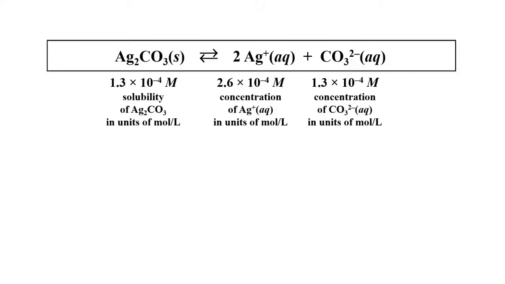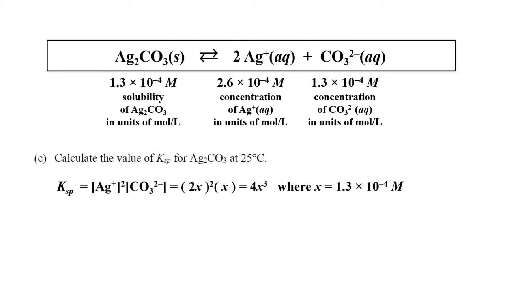And now that we know that the concentration of silver is 2.6 times 10 to the -4 moles per liter, and the concentration of carbonate is 1.3 times 10 to the -4 moles per liter, we can plug in those values into the KSP expression and calculate the value of KSP for silver carbonate at 25 degrees Celsius.